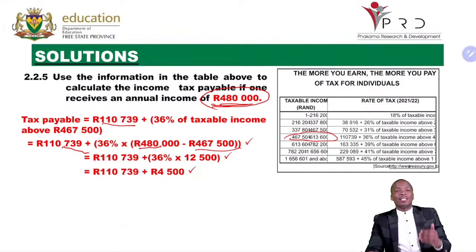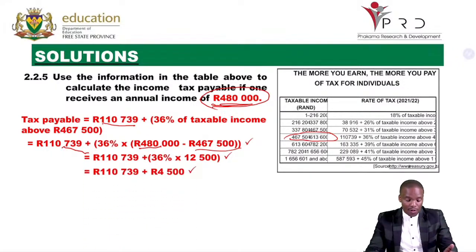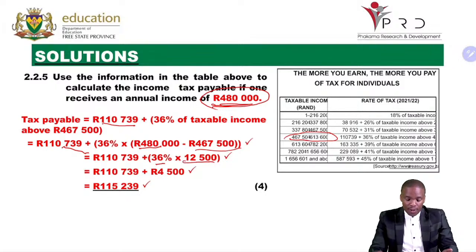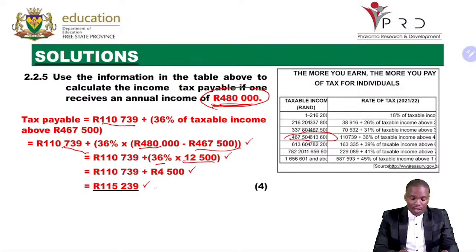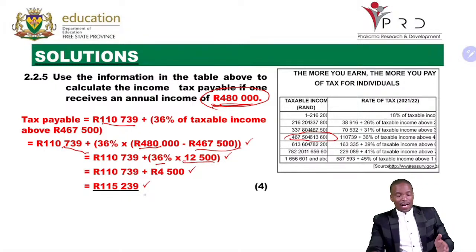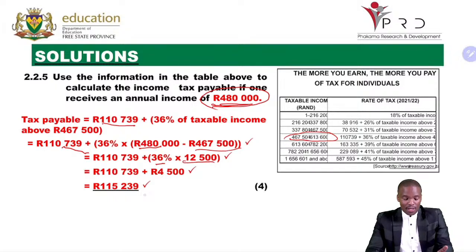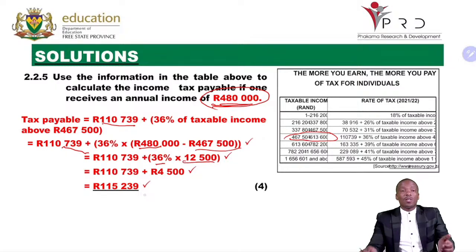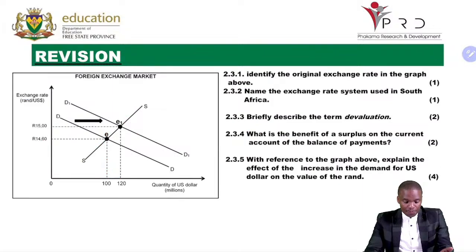You carry it up until the last step, where after solving, you find what is in the bracket, which is 36% of 12,500. Then your answer there is 4,500, where you get 115,239 as your final answer here. Step number 1, identify the tax bracket, solve whatever is in the bracket, then you solve the equation up until the last one. Okay.